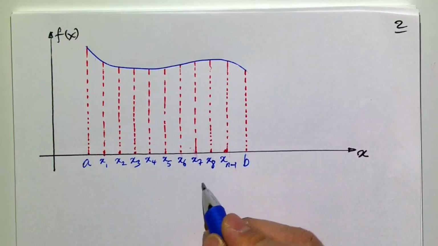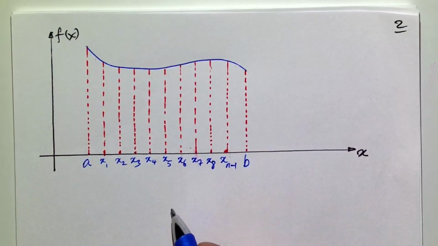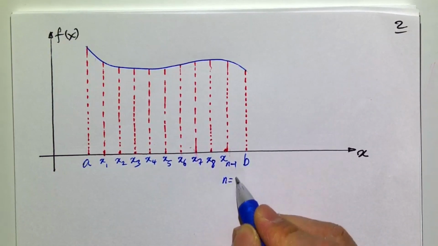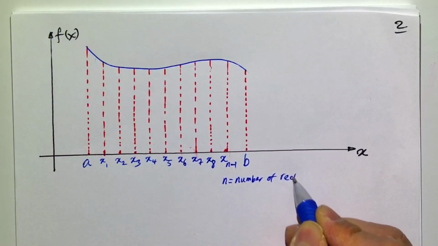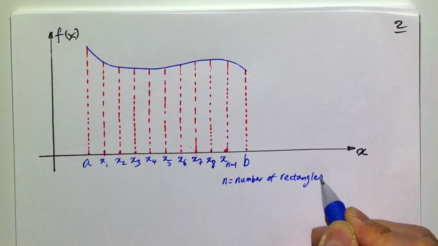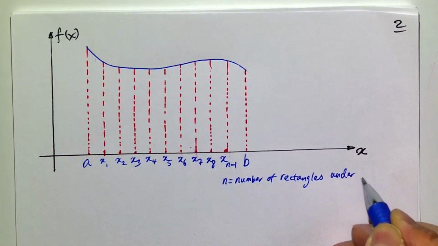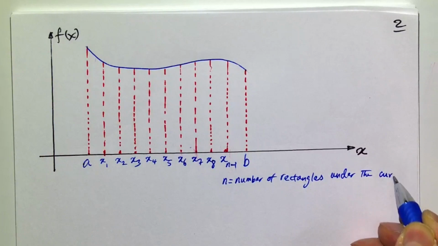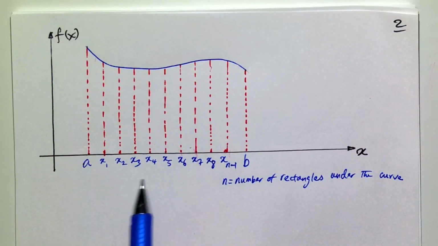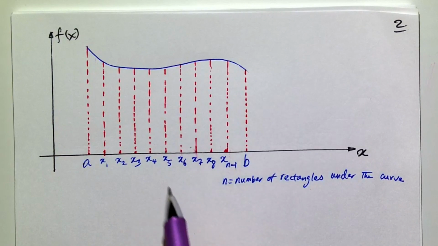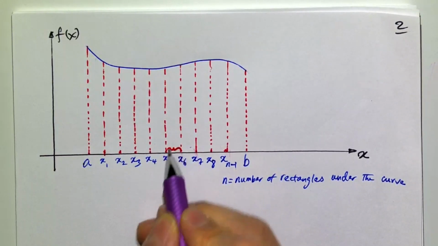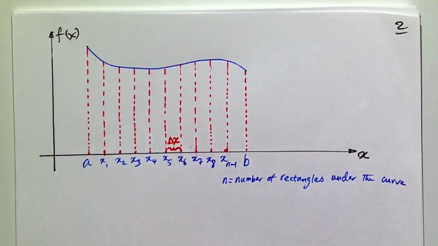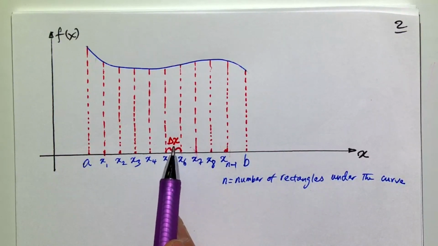So let's say N. Let me actually define that. So N is the number of rectangles under the curve, right? So what would that width be? Let's just say that is delta x. We assume that they are equally wide, and let's call this delta x. What would that delta x be?